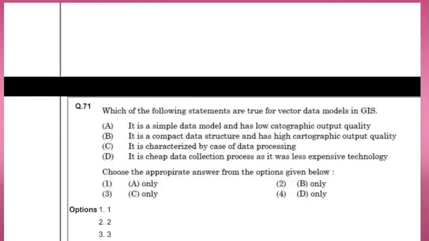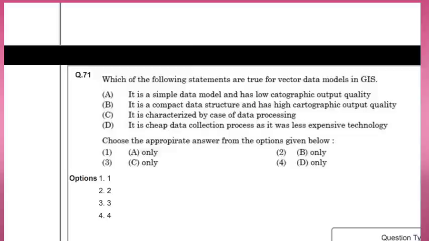And next question: which of the following statements is true for the vector data method in GIS? It is a simple data model and has low cartographic output quality. It is a compact data structure and has high cartographic output quality. It is characterized by ease of data processing.